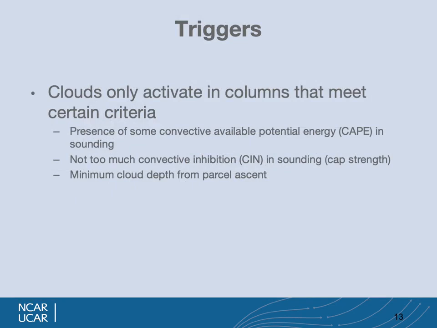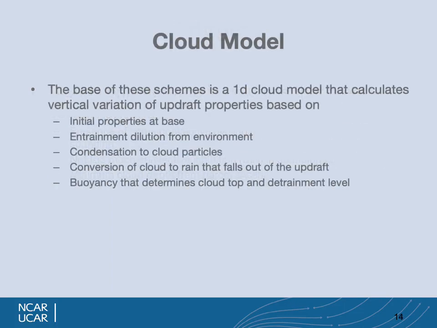When you run a cumulus scheme, you have to decide when it activates, and this is called the trigger. You need the presence of some convective available potential energy in the sounding, but not too much inhibition or capping in the sounding. And also, for deep convection, there's a minimum cloud depth that's considered to be deep convection. Also, the schemes need a cloud model, as I mentioned, for the updraft.